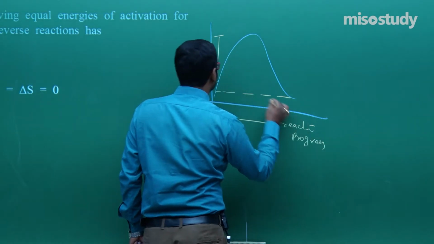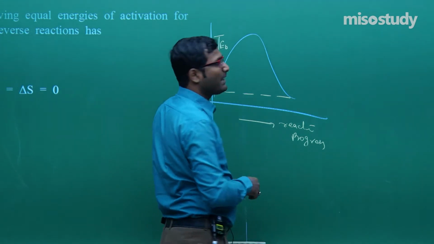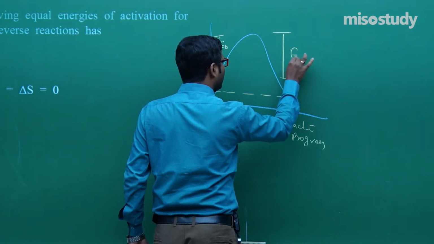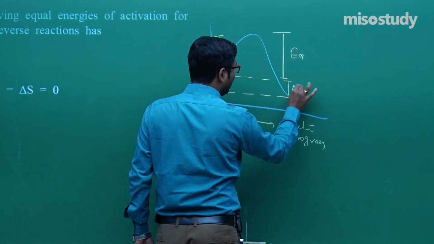This is EB, the energy of activation for backward reaction, and this is EA. And here is delta H.